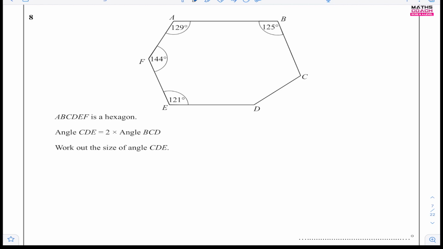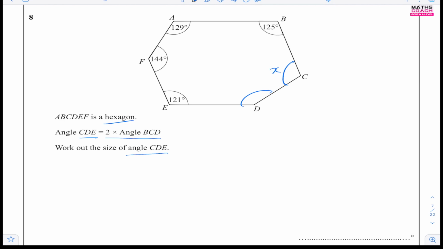Question 8, we have a hexagon, and we are told that CDE is 2 times the angle BCD, and we want to work out the angle of CDE. So CDE, this angle right there, we are told is 2 times this angle right there, which is BCD.